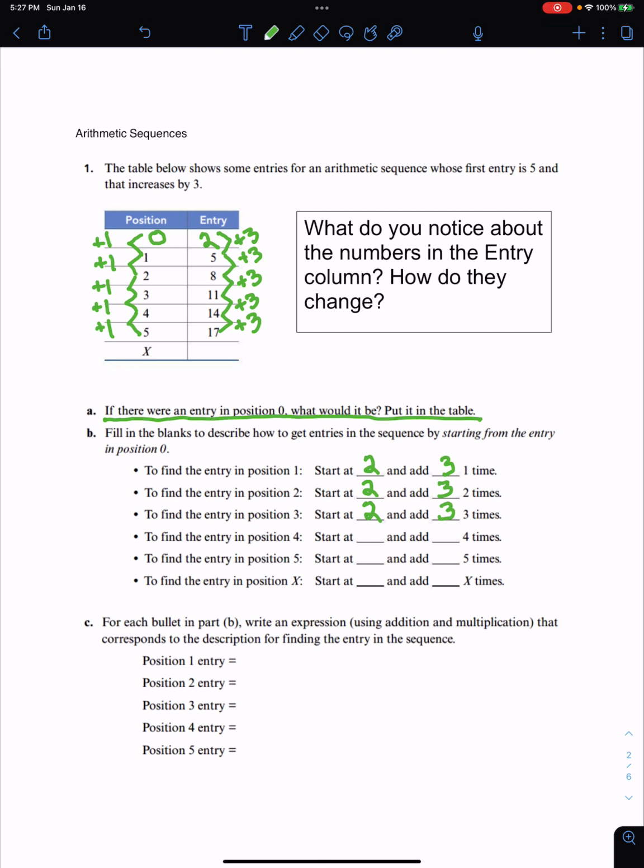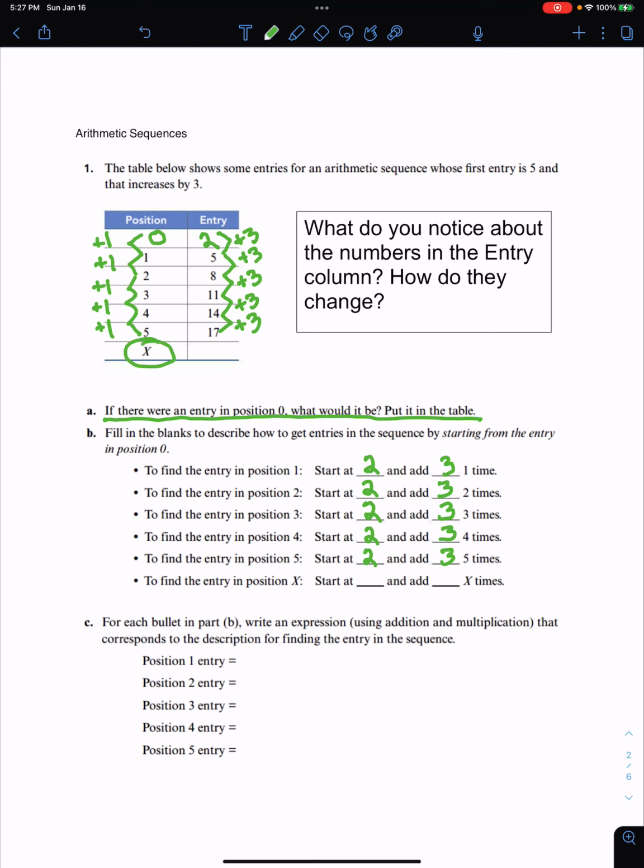You should be seeing a pattern here. We're looking for a pattern. So we can go to entry at position 4. We start at 2 and add 3 4 times. For position 5, we start at 2 and we add 3 5 times. Now, let's say we don't know.